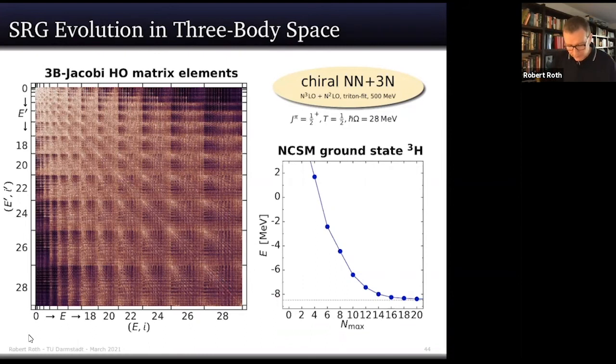But the important bit is you have lots of off-diagonal stuff. So now imagine you want to use this kind of matrix representation to solve the Schrödinger equation, solve the matrix eigenvalue problem. Then you have to cut out a piece of this matrix up to a maximum energy quantum number, something like that here.